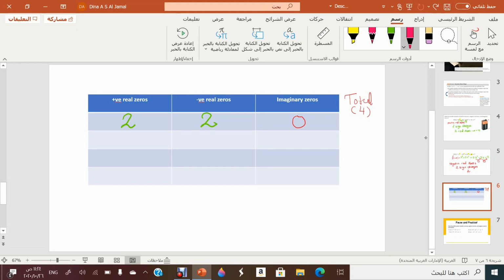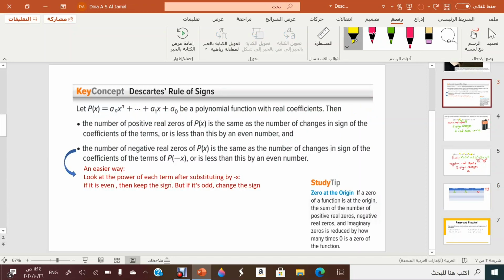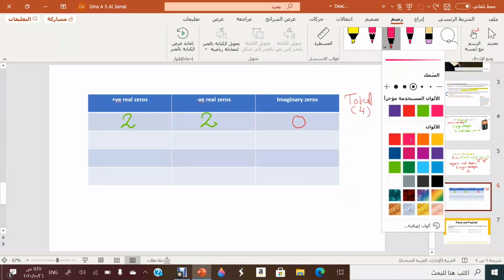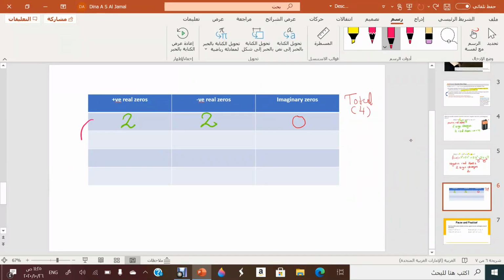Now it's like probabilities. Each time the rule tells you that the number could be equal to the number of sign changes or less than it by an even number. So you will always be subtracting 2, and you will get 0 here and another 0 here.